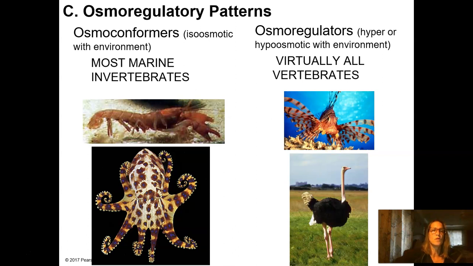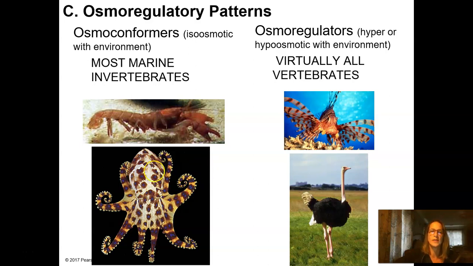So osmoconformers are found in only marine environments. You cannot be an osmoconformer unless you're in a marine environment. Remember, osmoconformers are isoosmotic with their environment, and most marine invertebrates like crayfish and octopi and mollusks and stuff like that are typically osmoconformers.